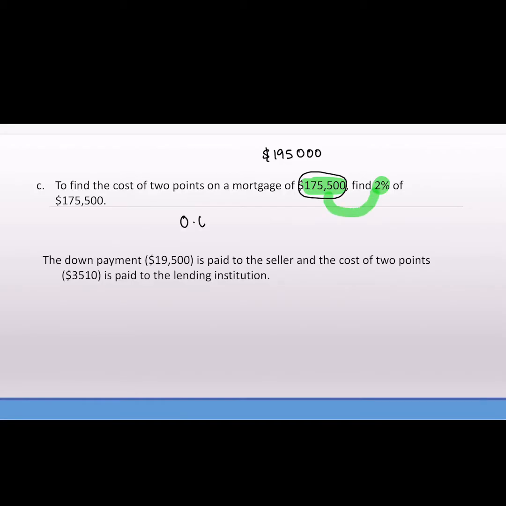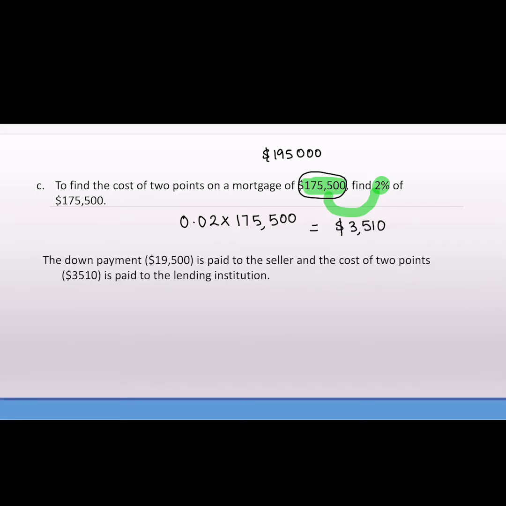2% is 0.02 times, what's the mortgage amount? The mortgage amount is not the price of the house, remember, which is $175,500. When I find that, I get $3,510.